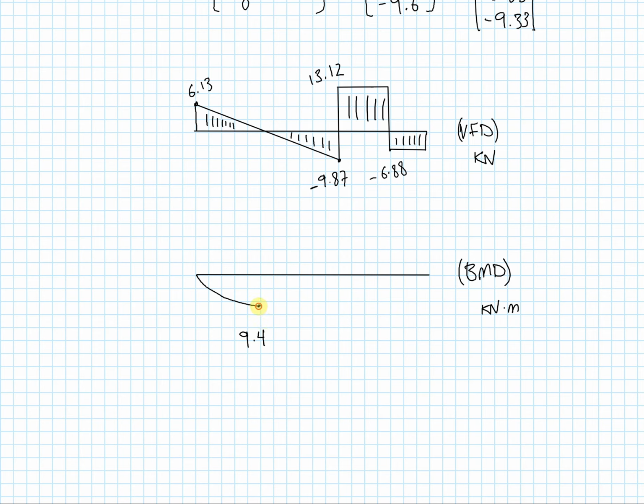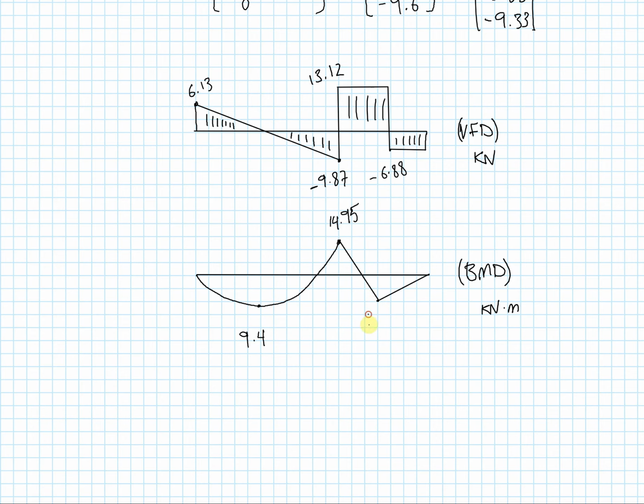So when I do that, I go back up to a value of 14.95, and then I have the point load that is being applied. Here it is.